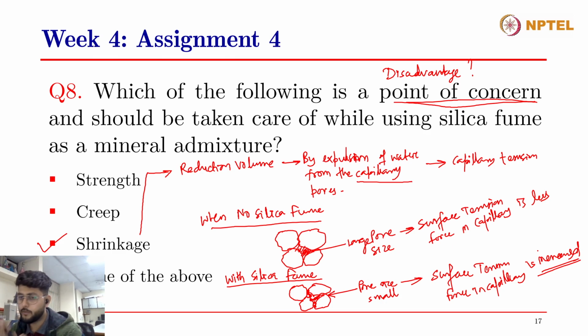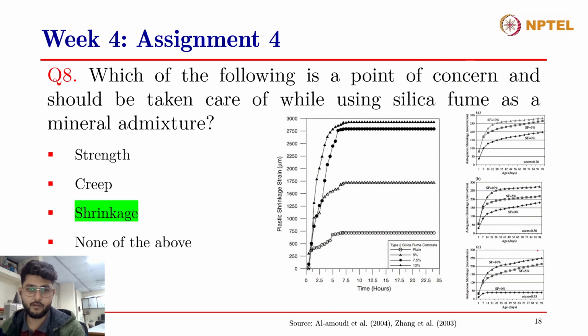So this is the whole mechanism of how shrinkage occurs in cement and concrete, and how these fine supplementary cementitious materials can induce higher shrinkage in the cementitious matrix. All right.